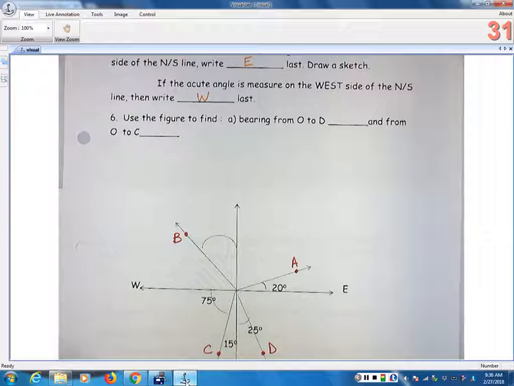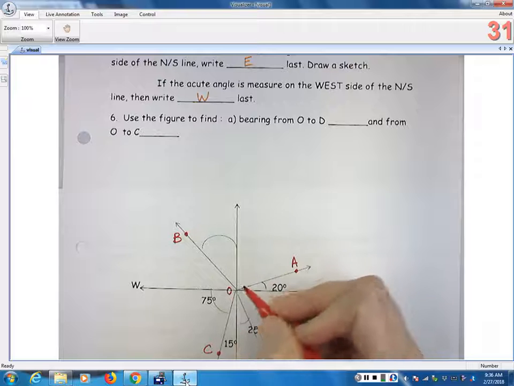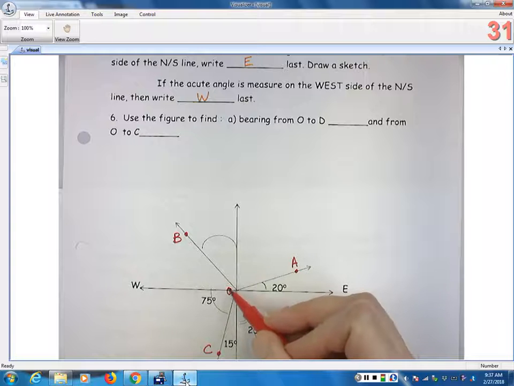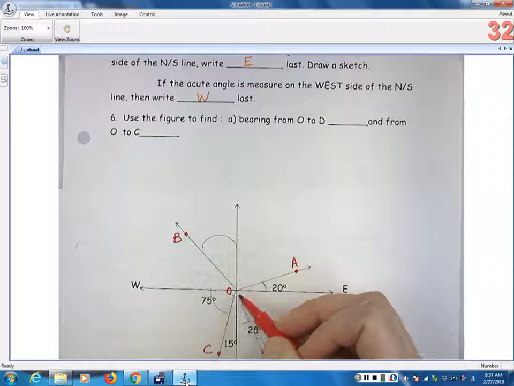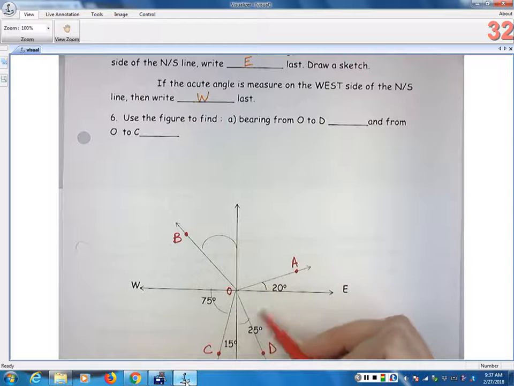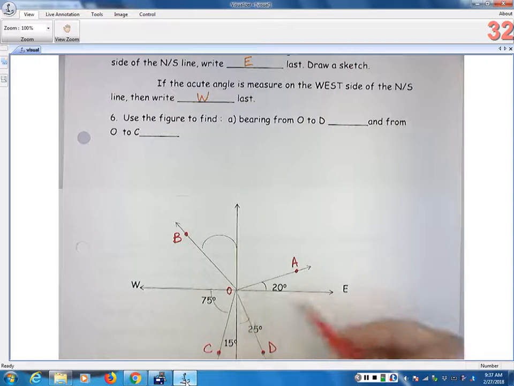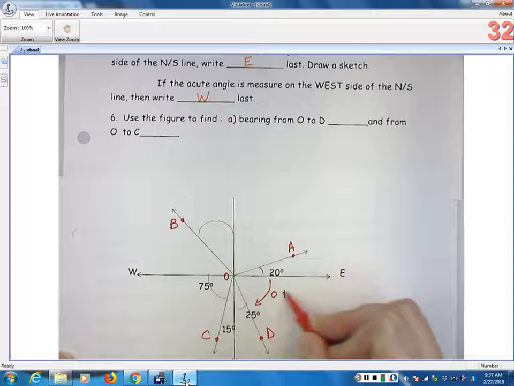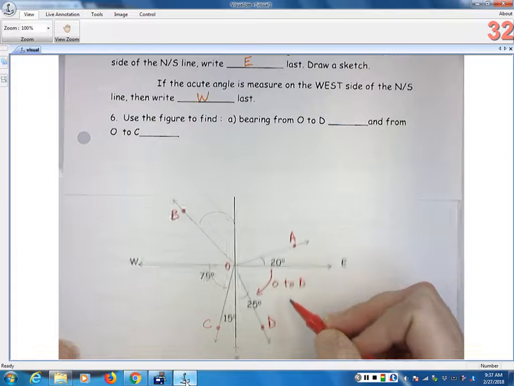So what's O? O is the origin. If you want to go from O to letter D, that's here, but this is the angle from O to D, and we're using bearings now.